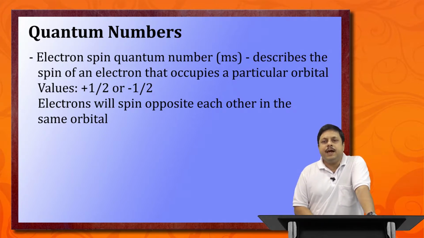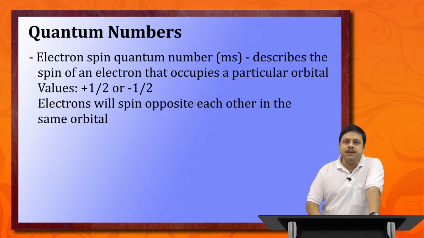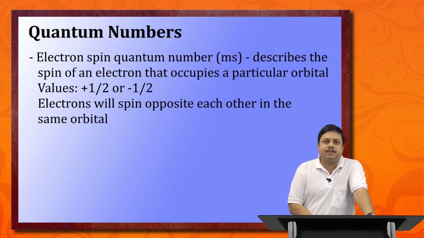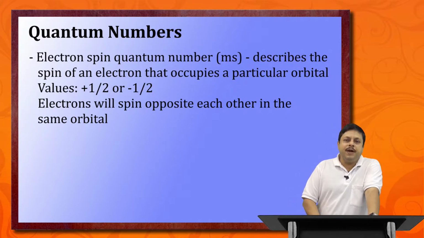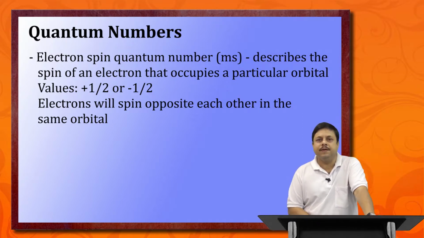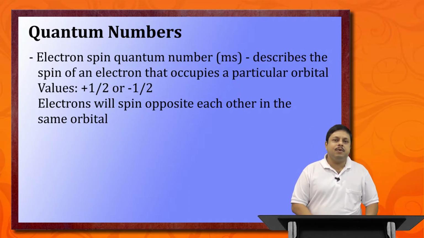It was observed that there is another quantum number, ms, which represents the electron spin. ms can have only two distinct values, plus half and minus half. This is a strikingly different quantum number, where it is not an integer but a constant fraction, half or minus half. So electrons will spin opposite to each other in the same orbital.